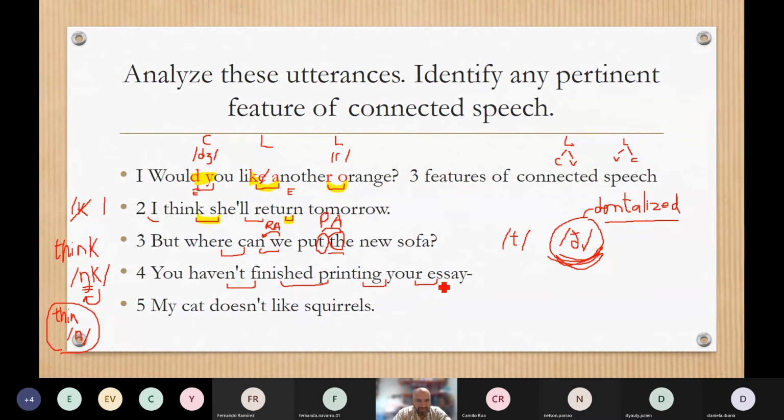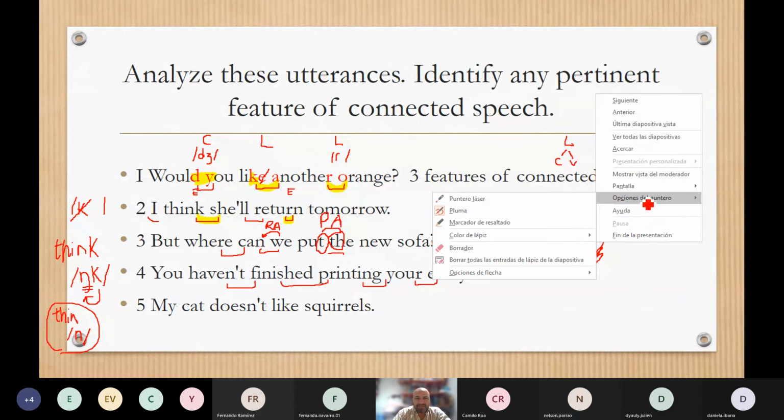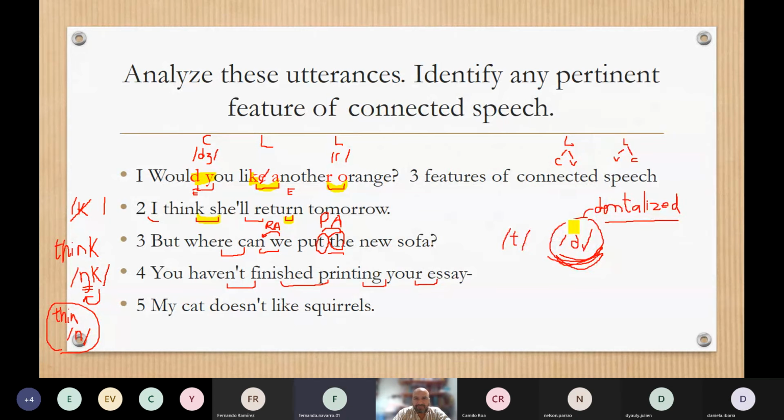In the first one, what do you think there is in haven't finished? The t disappears, I think. Perfect. The t disappears. Elision of the sound t. Wonderful.